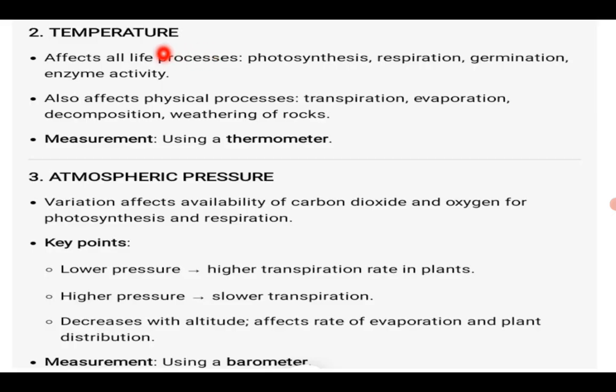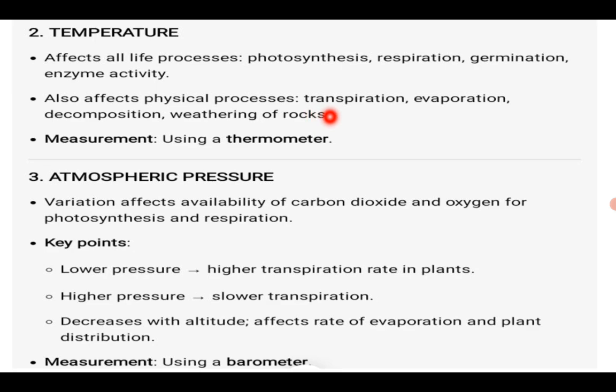Remember, temperature is how cold or hot an object is. In this case, the coldness and hotness of an ecosystem.